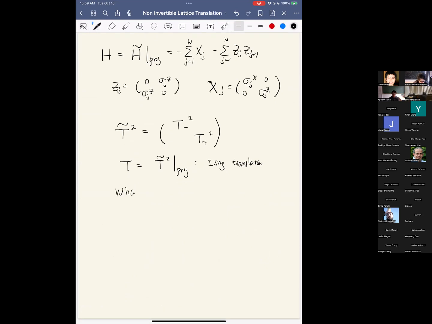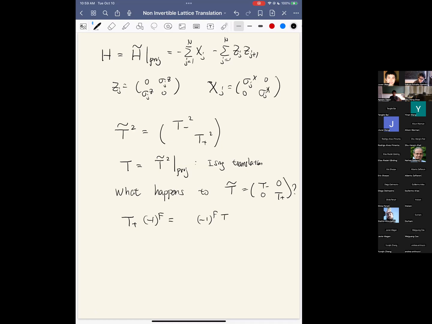But that begs the question, what happens to t tilde itself? What's causing us troubles for t tilde in doing the projection to the Ising Hilbert space is that t plus and -1 to the f do not commute.